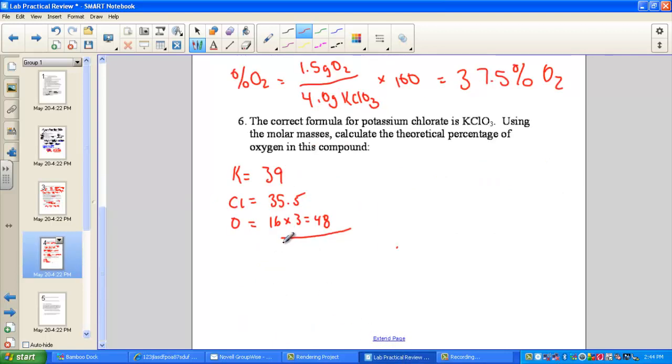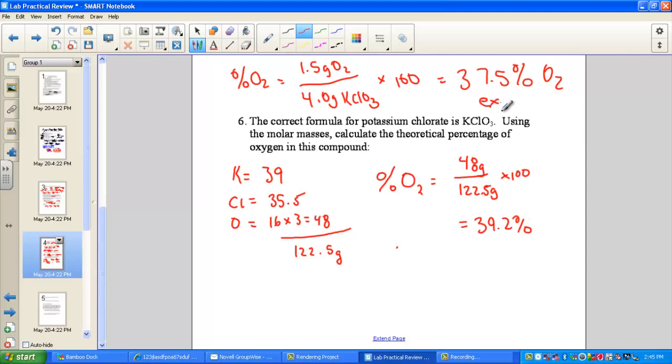So let's sum those. 39 plus 35.5 plus 48 gives us a total value of 122.5 for the compound's formula weight. So our percentage of oxygen comes from part over whole, and we'll express that as a percent. 48 divided by 122.5. I didn't hit that right. Let me try again. Sorry. 48 divided by 122.5, and that's 39.2%.